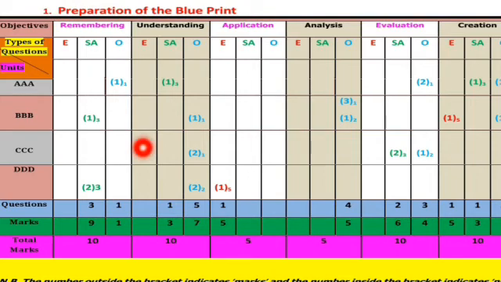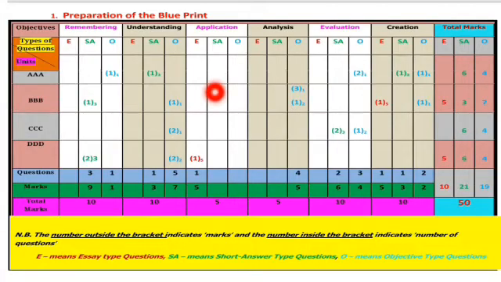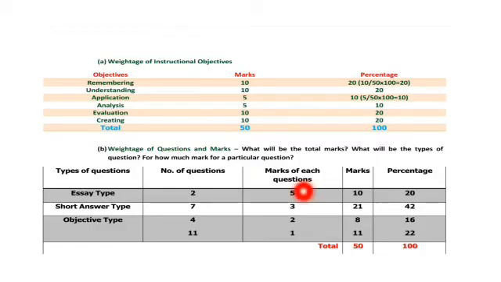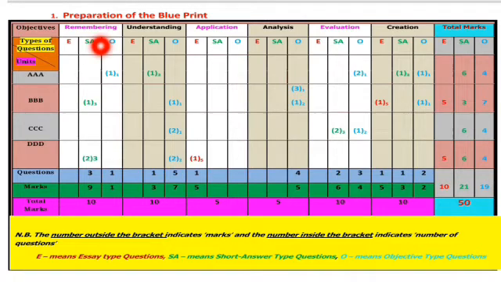Now you see, take for instance the first unit, concentrate on the remembering part. How many essay type questions? None, right? If we check, remember, 2 questions, 5 marks. So where has it been allotted? Essay type. Just check the red color ink.